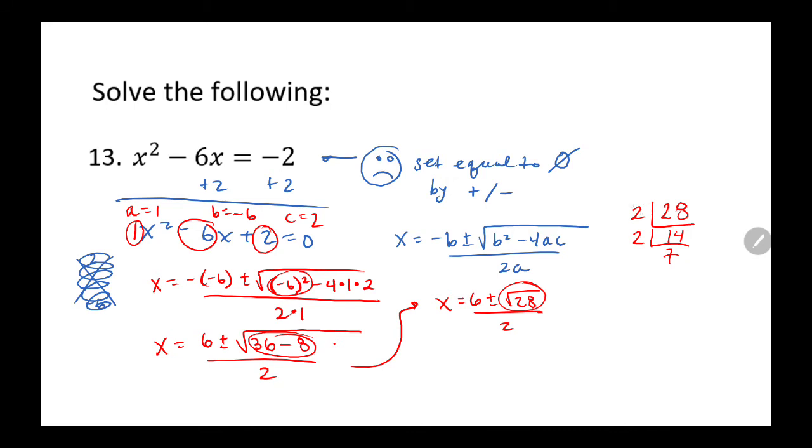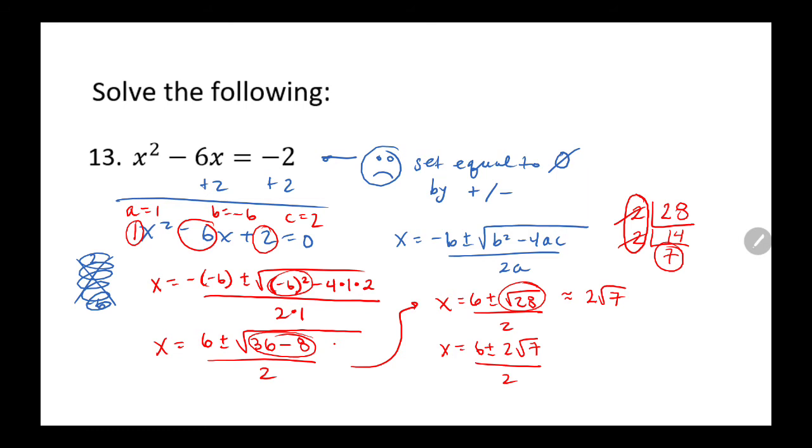So I'm focused, I need to pull out the doubles. So that becomes basically 2. And I only write them once. And whatever's left over, which is the 7 here, it goes under the square root. So this is really 6 plus or minus 2 square root 7 all over 2.